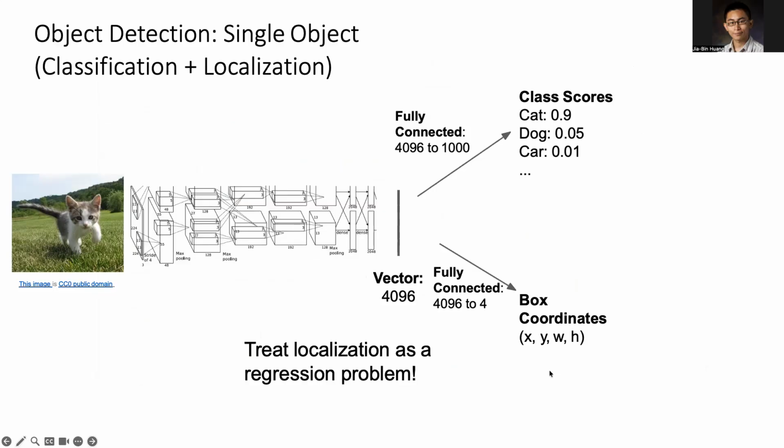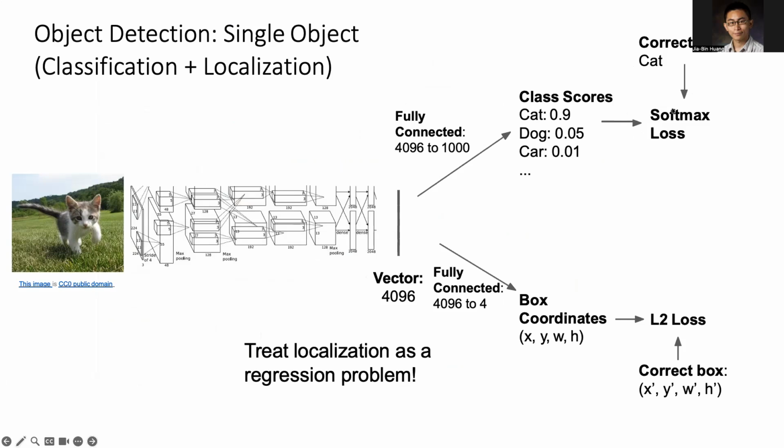Because you have training data with the ground truth, you could train this with softmax loss to predict the class, and use the correct coordinates to predict the bounding box. You add them all together to get a final loss. During training, you backpropagate this gradient to train the model. This is how you can adapt the classification model to solve detection problems.